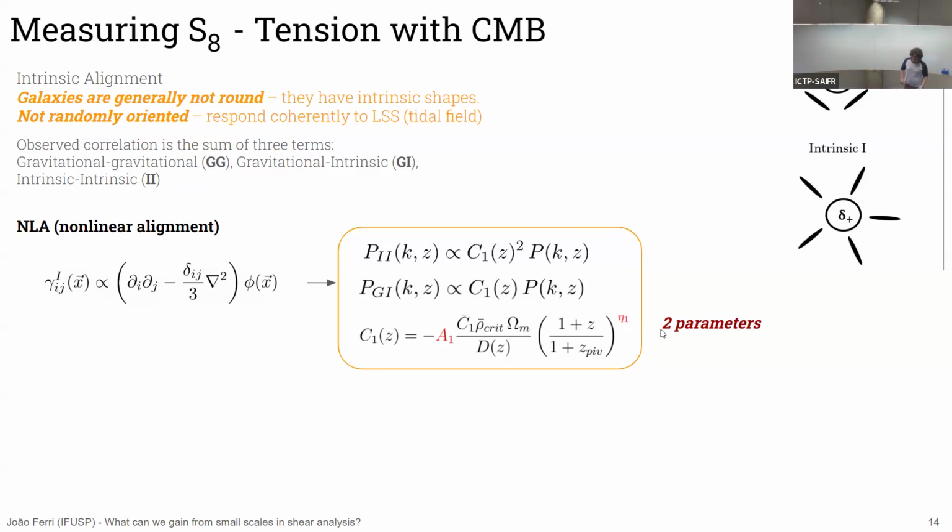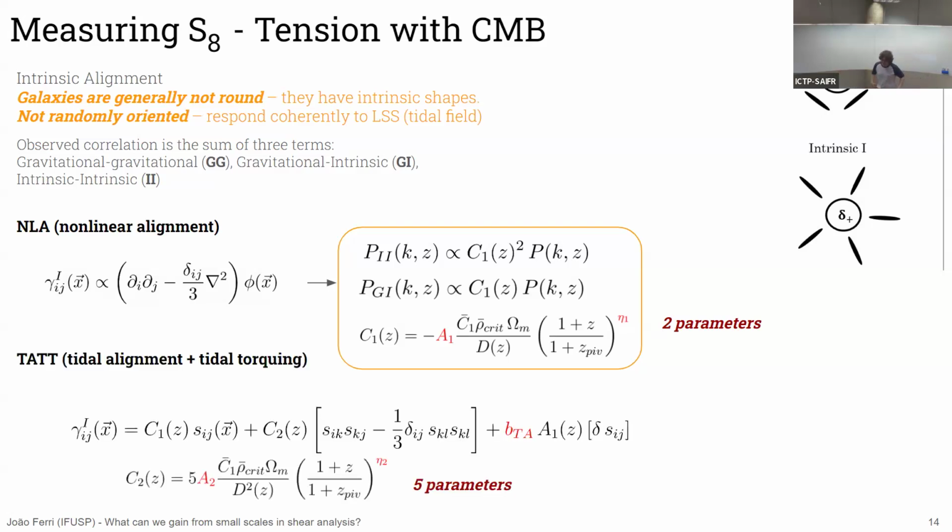And then you can go further and make a model which we call TATT, which is, I think, the most sophisticated and the model that people are using the most right now because it's more flexible.